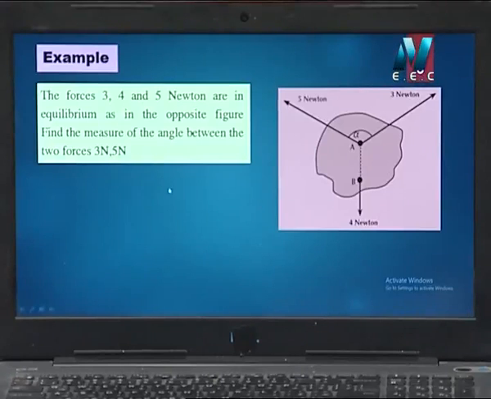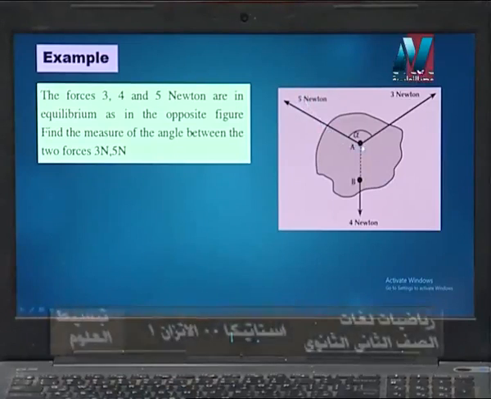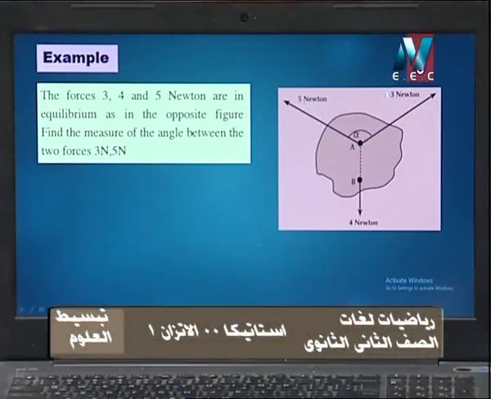We have here, my dear students, a force acting on this body with magnitude 5, another one which is 3 Newton acting at point A, and another one equal to 4 Newton. We would like to find alpha, the angle between 5 Newton and 3 Newton.